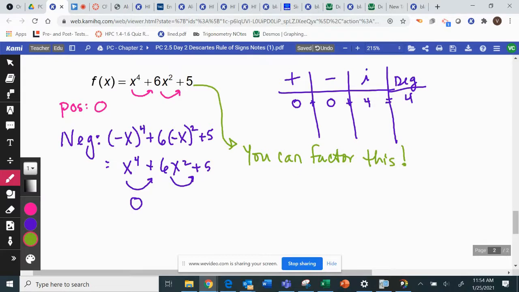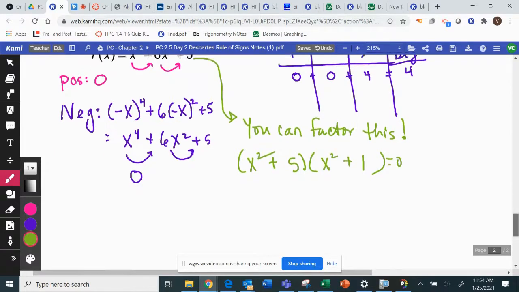This is a trinomial, so we'll do guess and check. They're both going to be plus. The 5 at the end tells me 5 and 1. It's like my only options, right? What's going to be in my first spot? X squared and x squared.